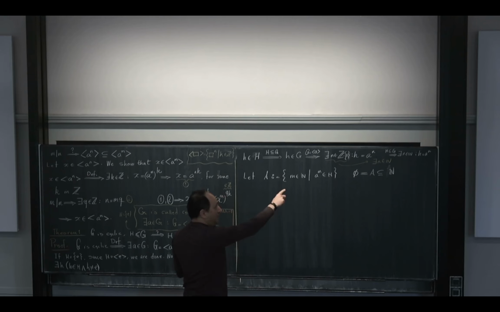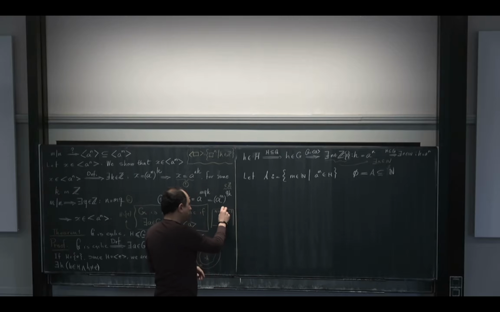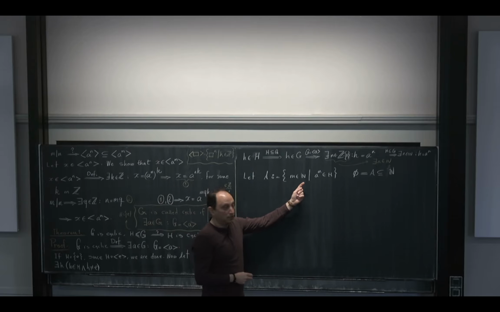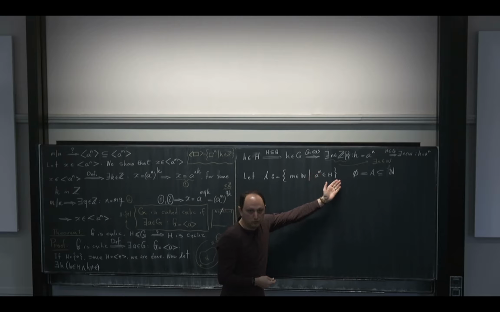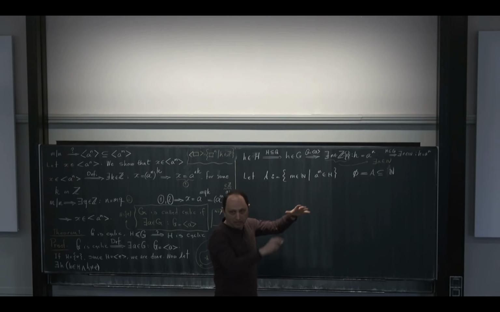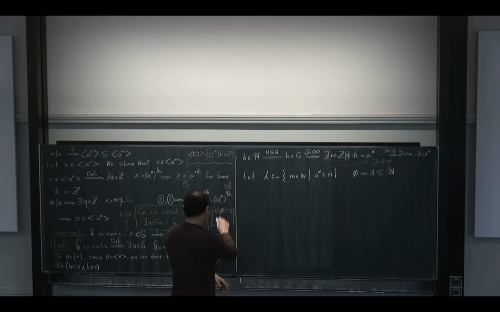If A is not in H, you exclude 1. Then you go to 2. You pick 2 from N and determine A to power 2. If A to power 2 happens to be in H, you put 2 inside this bag. If not, you throw it out.